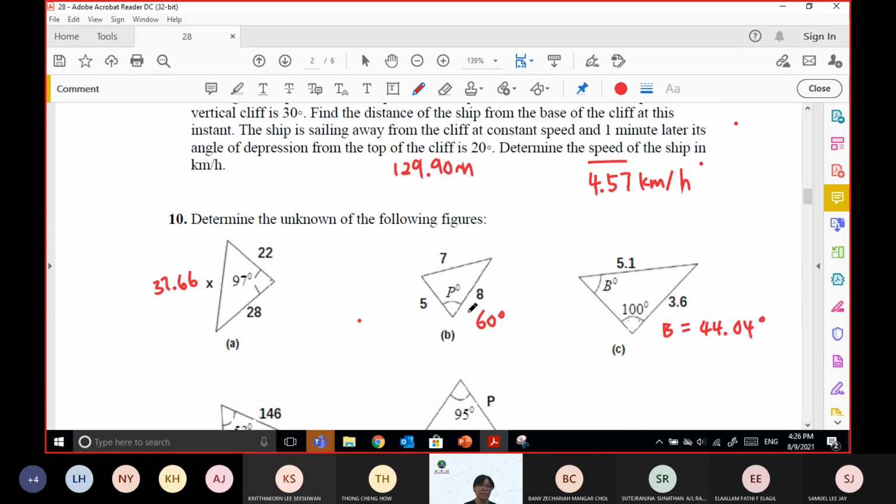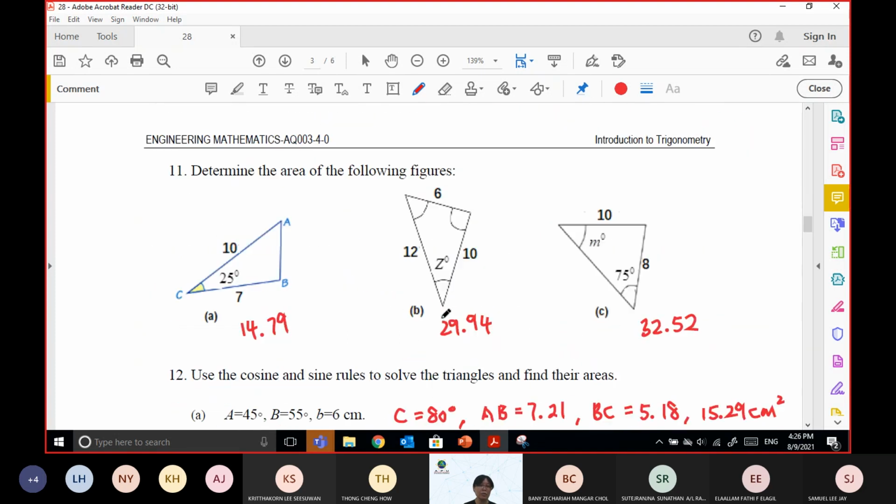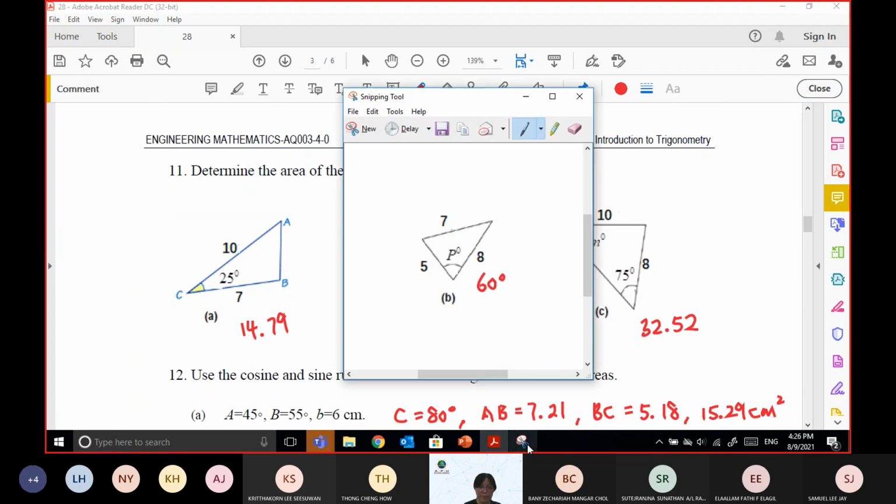For those who haven't done number 10, today I will require you to upload your solution up to 11. If you can't upload all today, then by this week. Just now I was asked about question 11B.